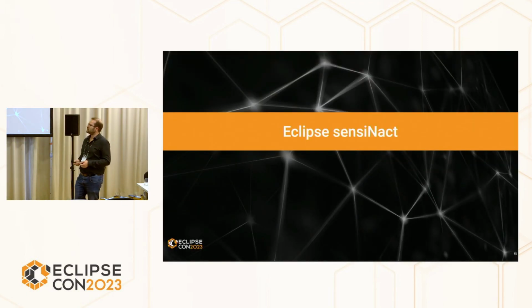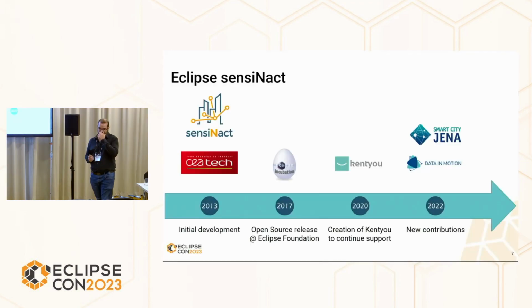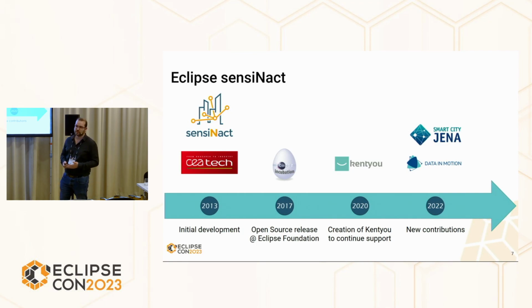So, start with Eclipse SensiNact. Eclipse SensiNact is 10 years old, in fact, this year. It started at CEA, which is a French research institute. And the idea there was to manipulate IoT devices using various protocols and to modelize their content in a uniform way.